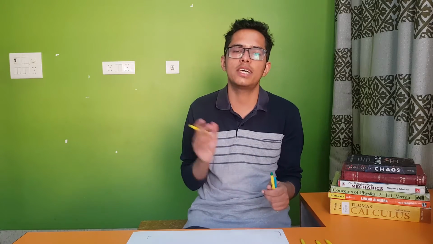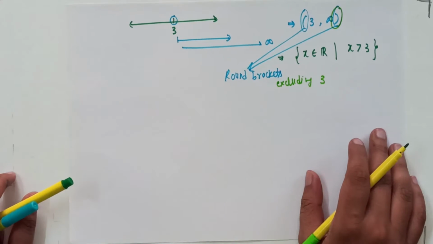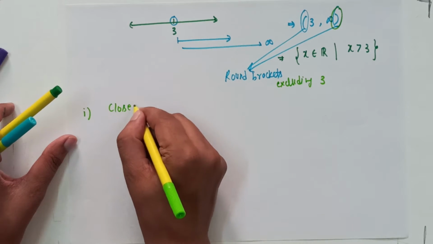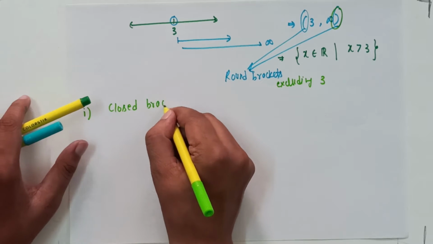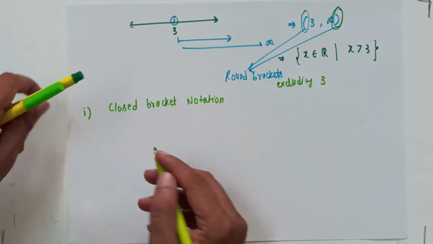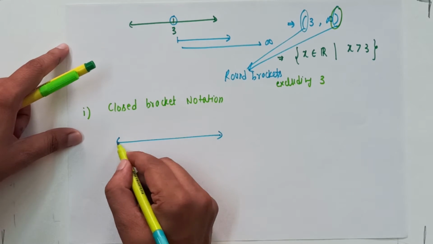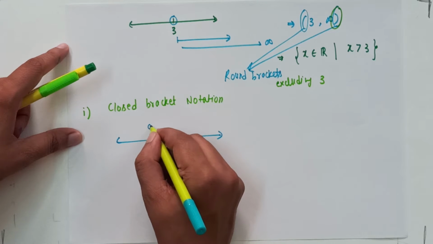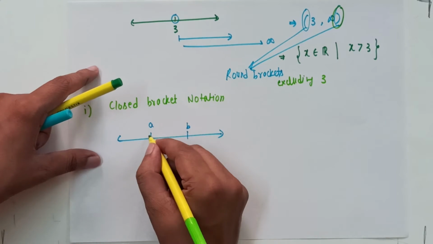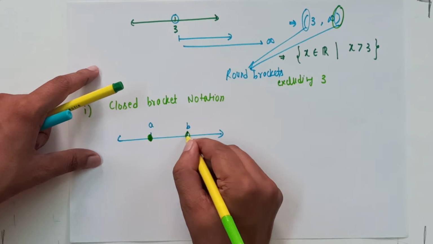Now there are several possibilities in interval notations. First, close bracket notation. Suppose I draw a number line and take 2 points A and B. Circle them and fill the circles.